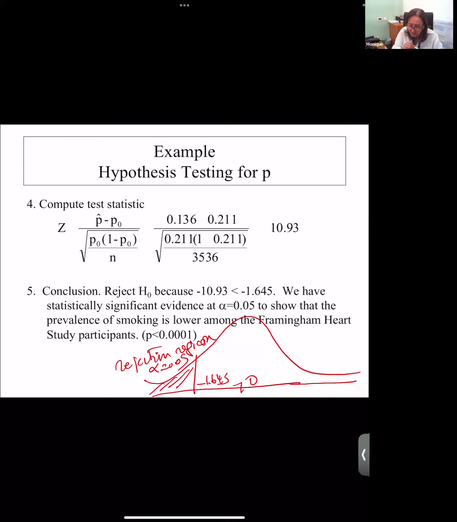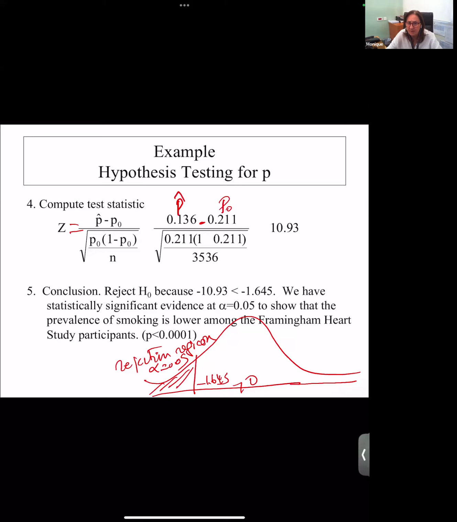And then I compute the Z. My P hat is 0.136, my probability of smoking based on the sample of 3,536.